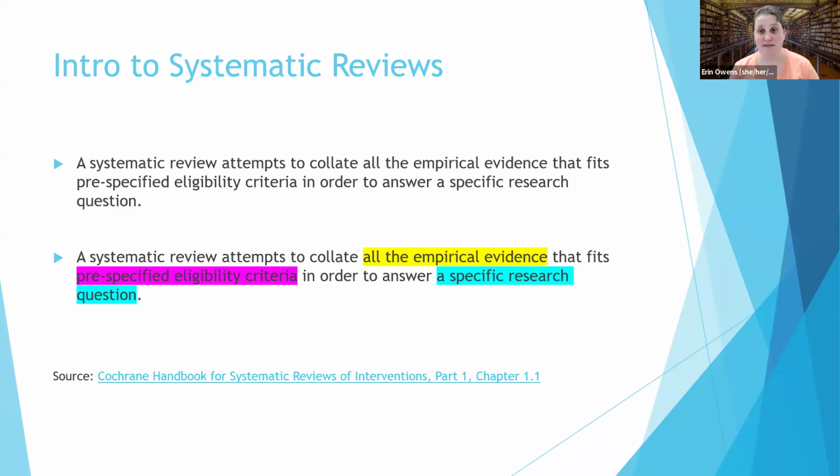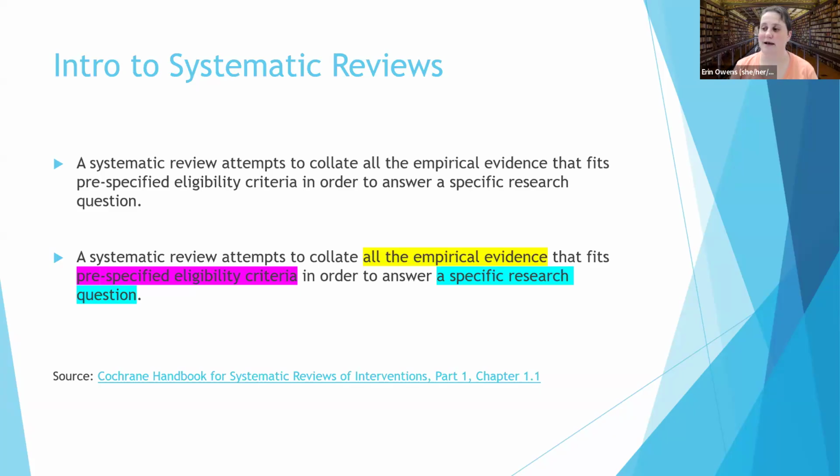The other thing that will be specified in addition to the question is the criteria that a study or a piece of research would have to meet in order to fit in our comprehensive collection of evidence, right? So we might define criteria based on a certain method. So it's like, I'm looking for all evidence that speaks to this question if they used a randomized controlled trial method, or we might have criteria about when things were published.